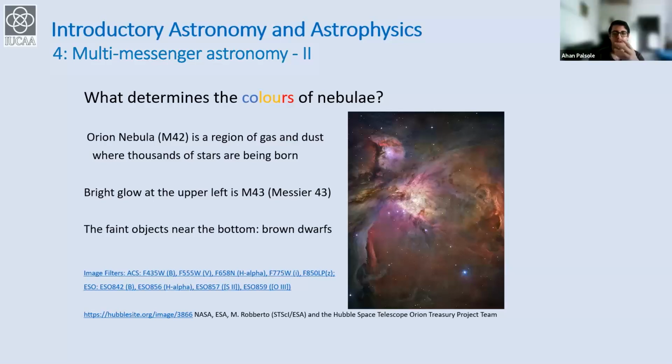Sir, another reason for the colors of nebulae could once again be gases at different temperatures. So they have different absorption and emission spectra, and that leads to the colors. It is gaseous.